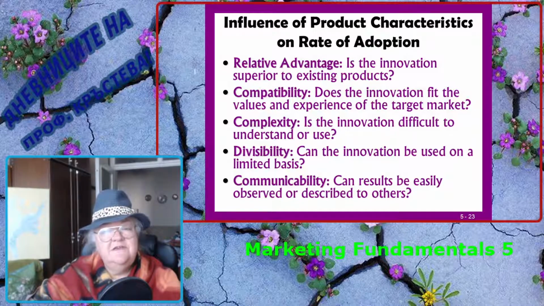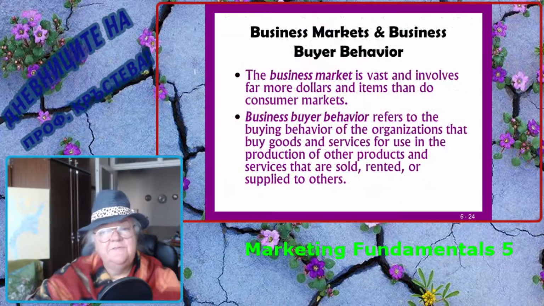Compatibility: does the innovation fit the values and experience of the target market? Complexity: is the innovation difficult to understand or use? Divisibility: can the innovation be used on a limited basis? And communicability: can results be easily observed or described to others?